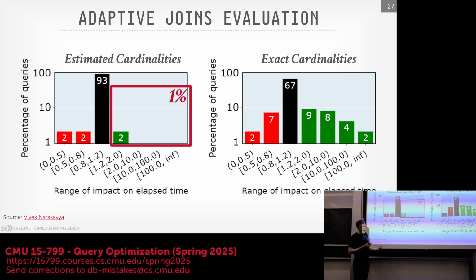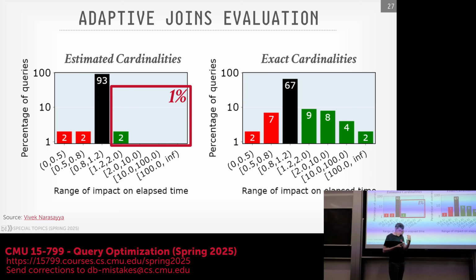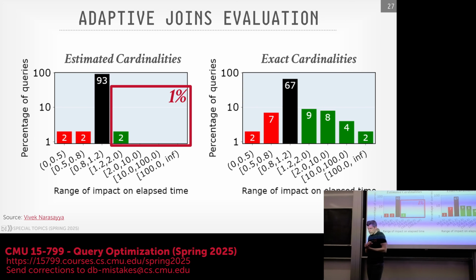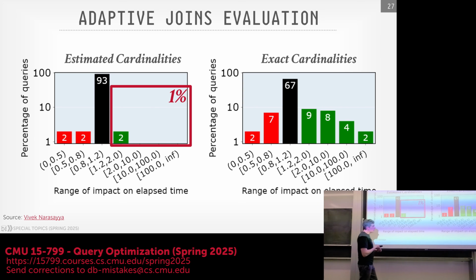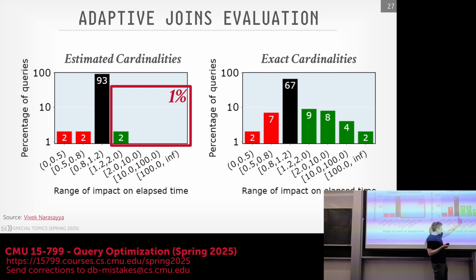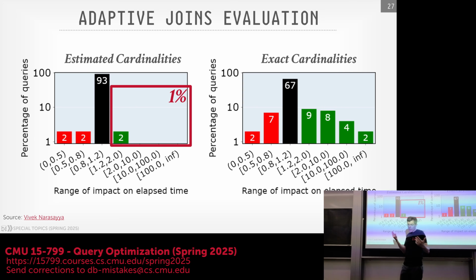Because, as his question was, I'm costing it on a nested loop join, and in some cases that affects the rest of my query plan, where I may choose indexes or join orders I shouldn't be choosing. So even though I can adaptively change the join algorithm, I'm still going to have a potentially inefficient query plan. Whereas with exact cardinality estimates, I'm seeing more greens on this side, because now the optimizer can make better predictions.